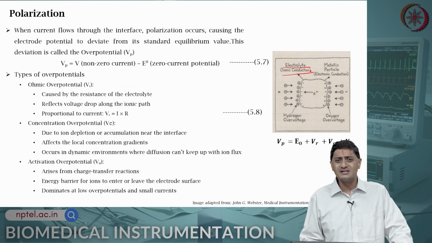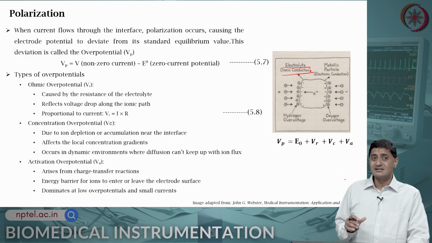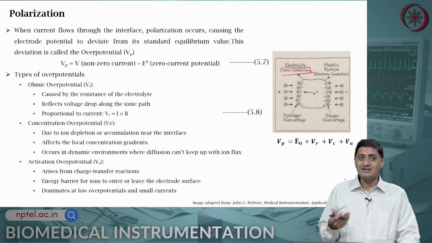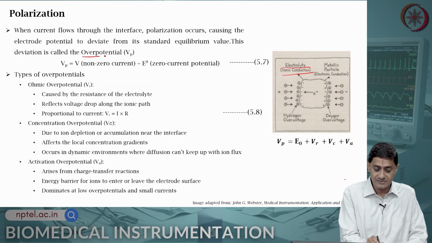Almost always there will be a polarization, causing the electrode potential to change from the standard equilibrium value that is measured. This change is due to the polarization that happens, and this change is called the over potential.